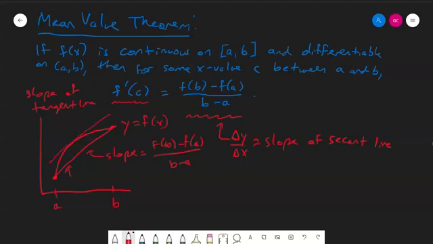So you notice here's a line, skims the graph right about there. So the slope of this line right here is f prime of c. And so there you go. In this case, we were able to find, just freehand drawing, a tangent line with the same slope as this secant line right here. And so the mean value theorem says that that always happens.